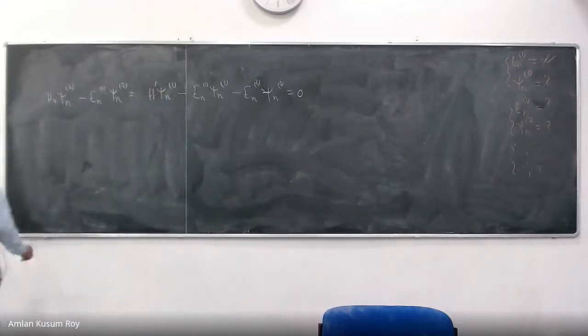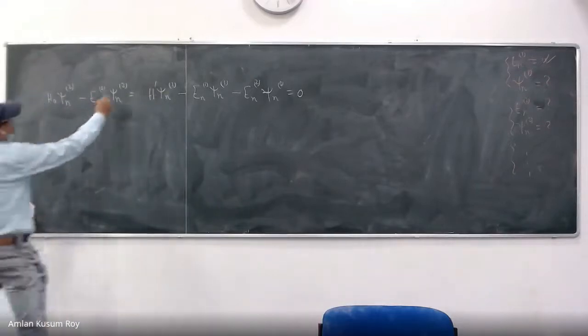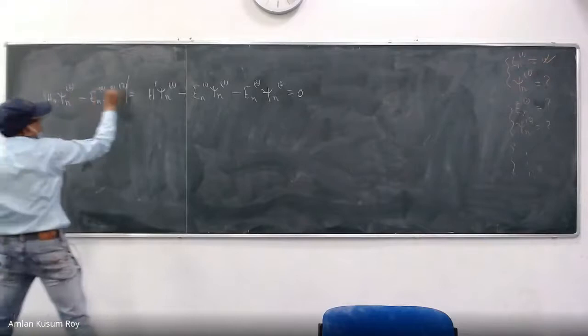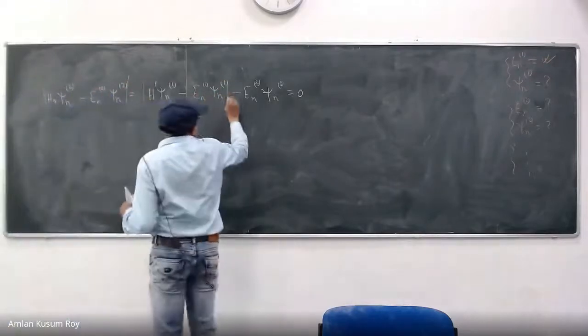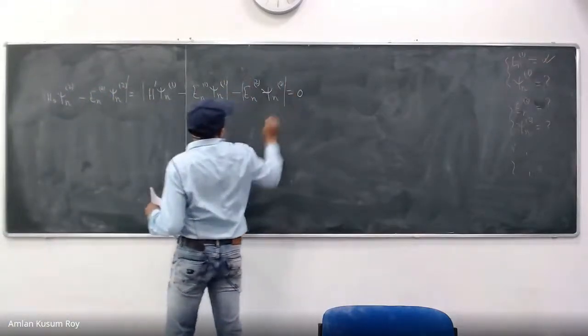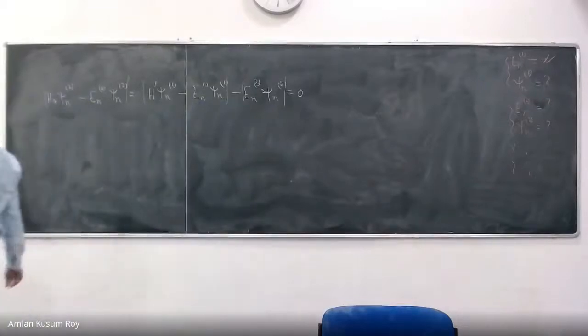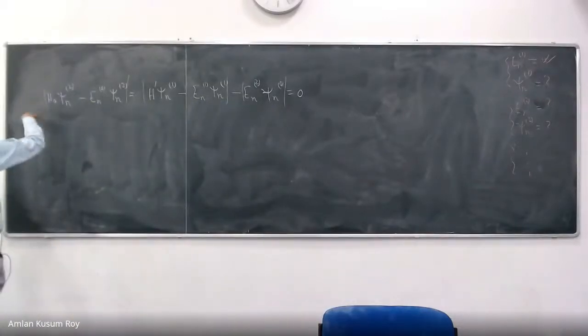So you can follow the same strategy. This is a group, this is a group, and this is another group. Multiply both sides by ψn0.